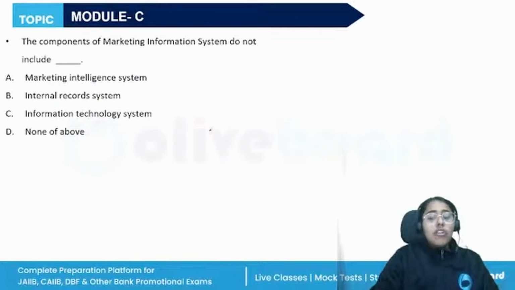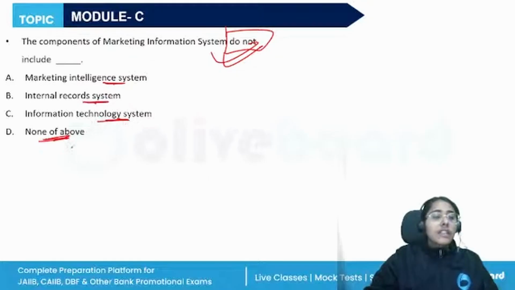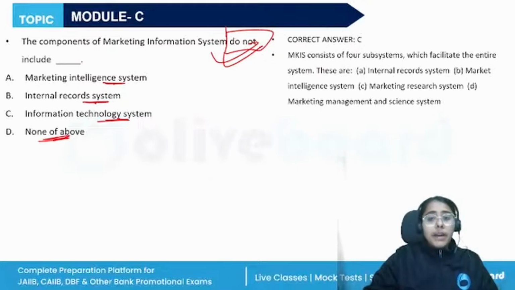Next, the components of the marketing information system do not include, read the question very carefully, it does not include the marketing intelligence system, internal record system, information technology system, or none of the above. So there are four components of the marketing information system, but the information technology system is not a part of it.